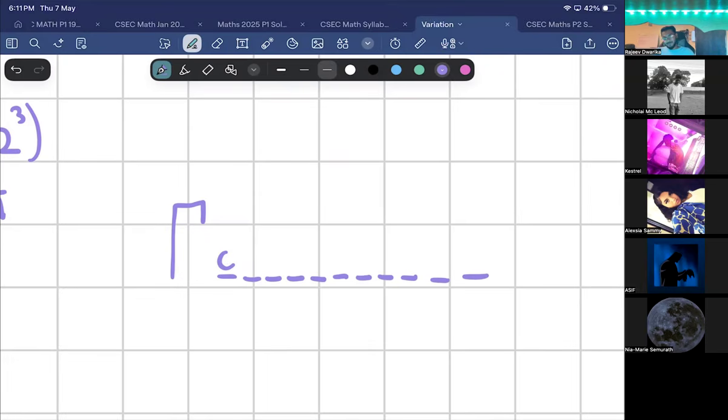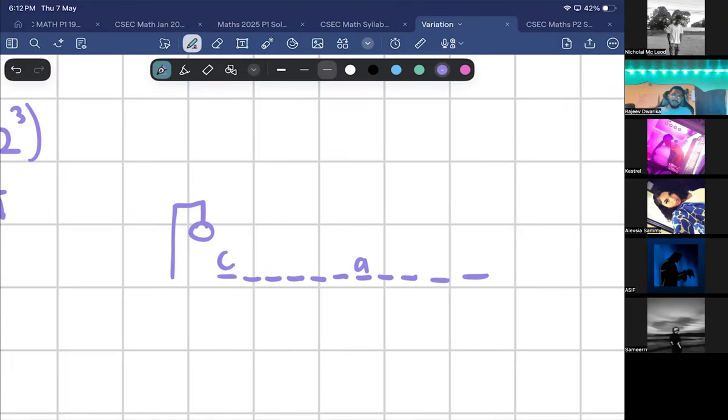It's such a long word. Nobody else knows this word? Nikolai surely knows the word. So it has an O and an M.